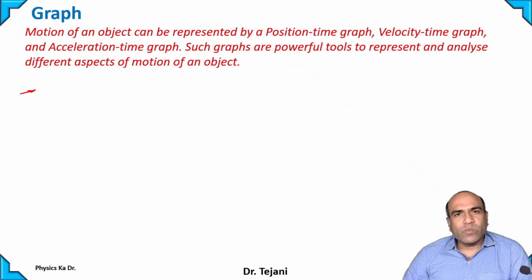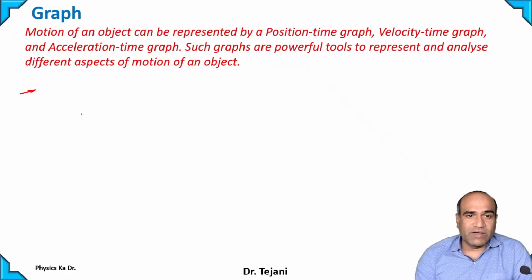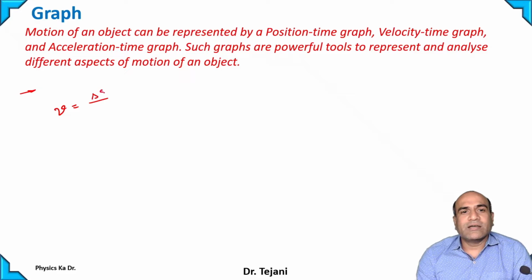And there are two methods. One is by using mathematical equations. We have the equation of motion for velocity. When velocity is constant, the equation is delta s divided by delta t. We know that if acceleration is constant, we have the equation v is equal to u plus at.